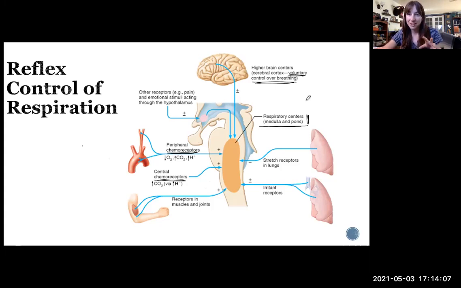To get really morbid, when somebody drowns, I'm sorry if this is dark for some of you guys, if somebody drowns, you exhale reflexively under the water because you're trying to get rid of that carbon dioxide.